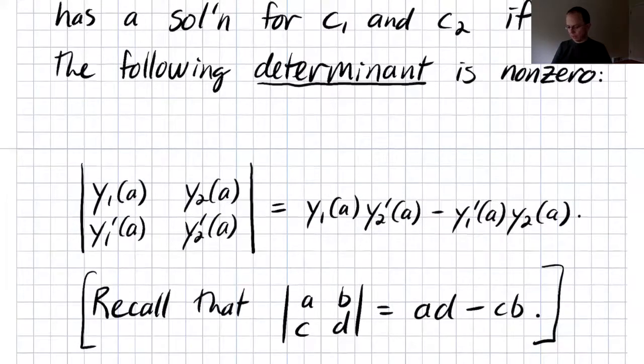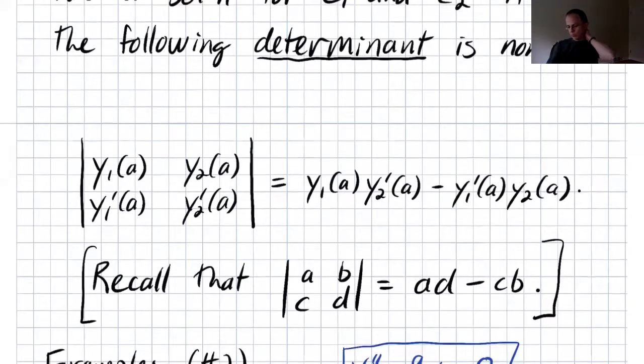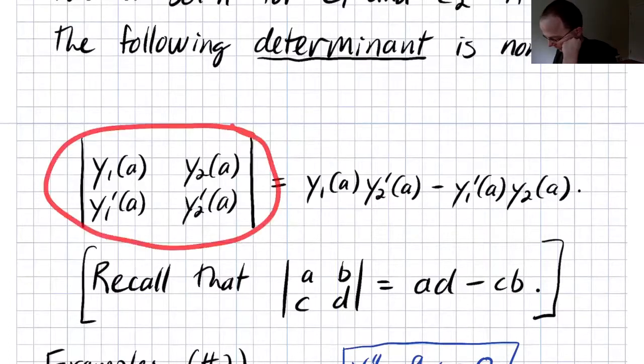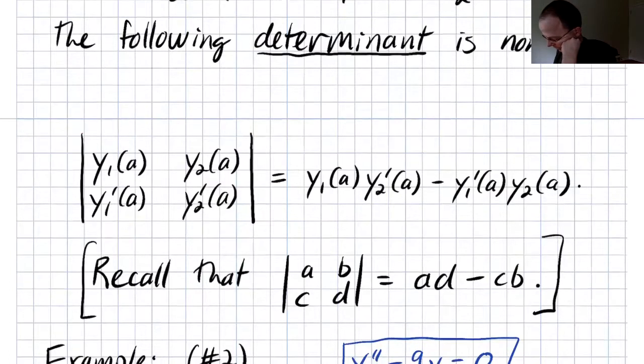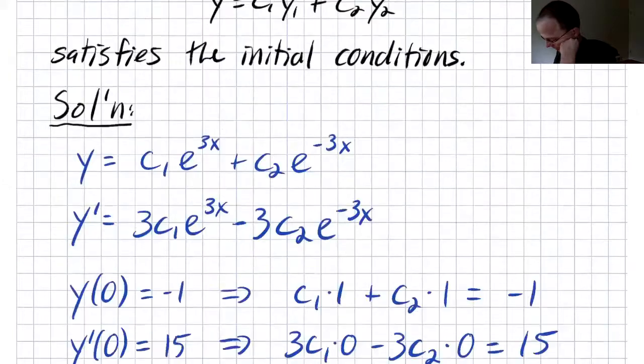So I guess we could have just directly formed this matrix and then calculated it. That would have been interesting too. Let's just see what we get if we were to form this matrix and then take its determinant in this example.